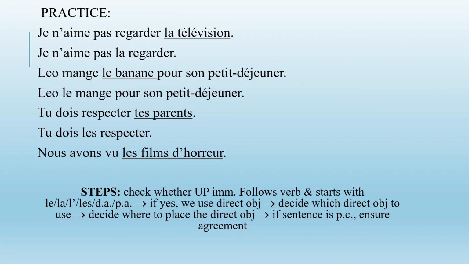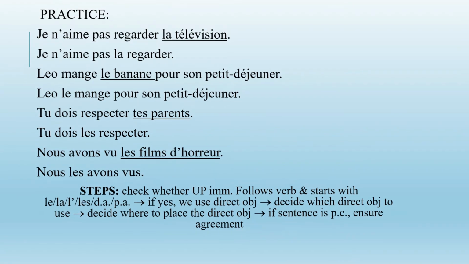Where will you place the pronoun? Yes, you'll have to place it before the auxiliary. So it'll be nous les avons vus. And please remember, this is passé composé with a direct object, so the participle has to agree with what you have replaced, masculine plural. So you have to add an extra S to the participle. Don't forget about this extra rule, it's important.